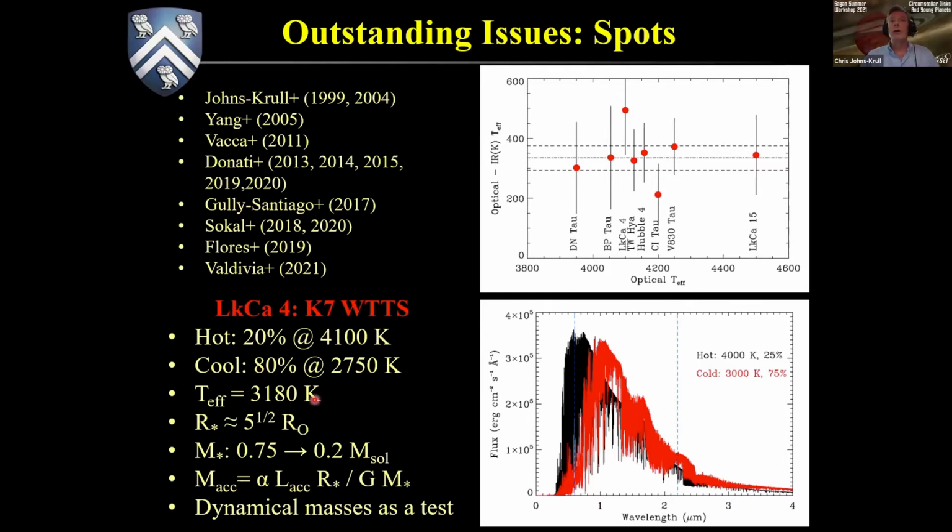So that would correspond to an effective temperature of 3180, whereas again, the optical study said the effective temperature was 4100 degrees. So if you just take this at face value, that puts a big change in the radius, a big change in the mass, and can affect the mass accretion rates that you derive from this. So this is an area I think needs some considerable look and study.